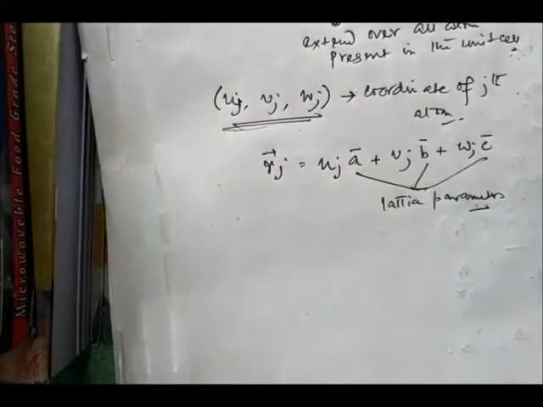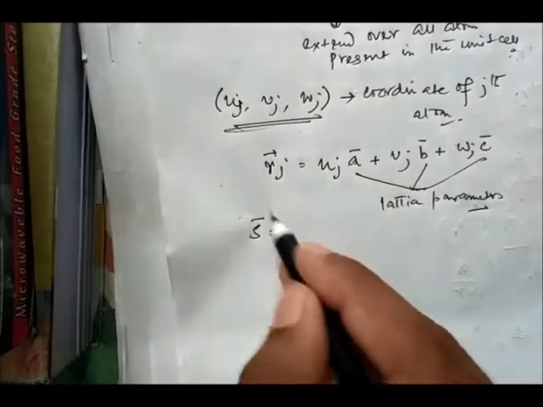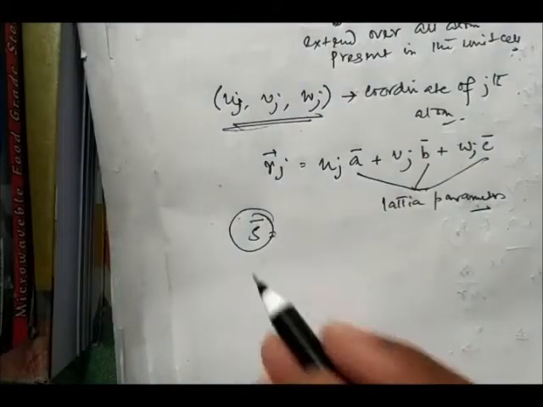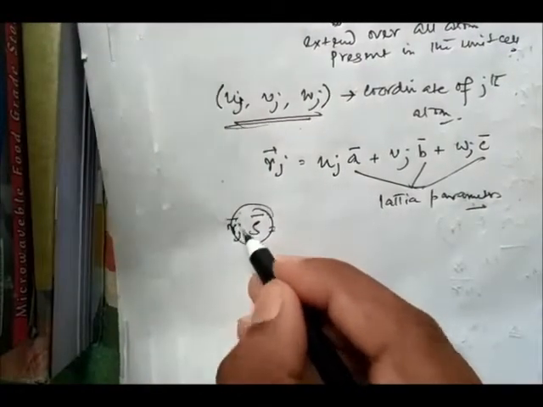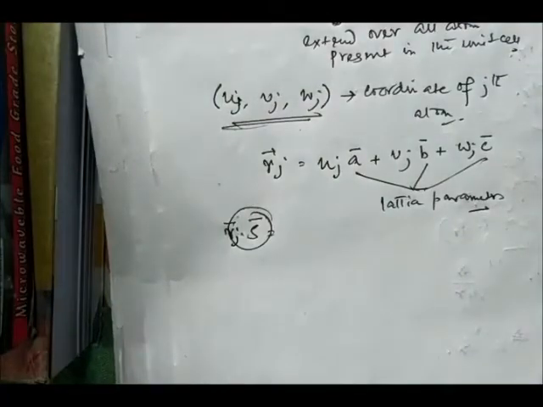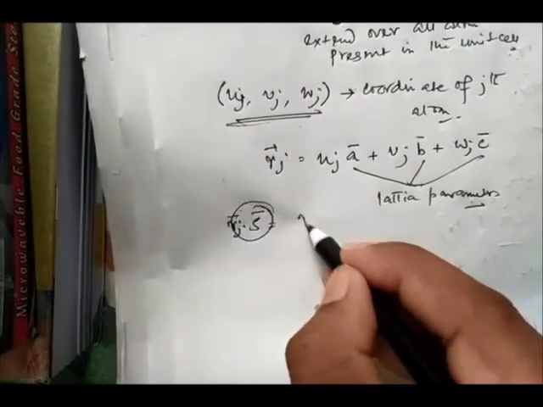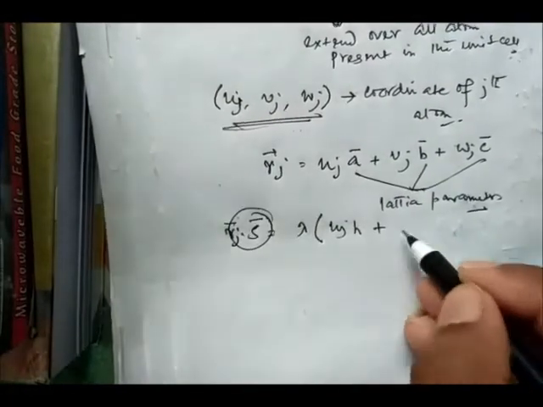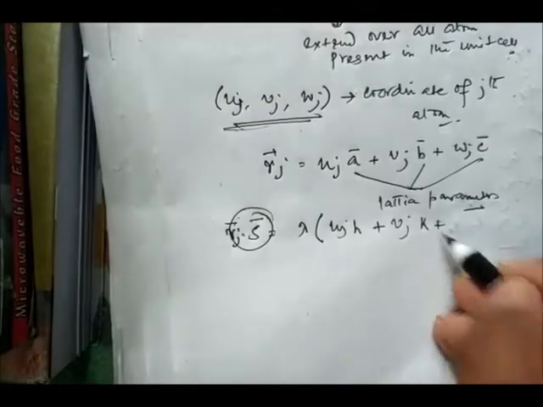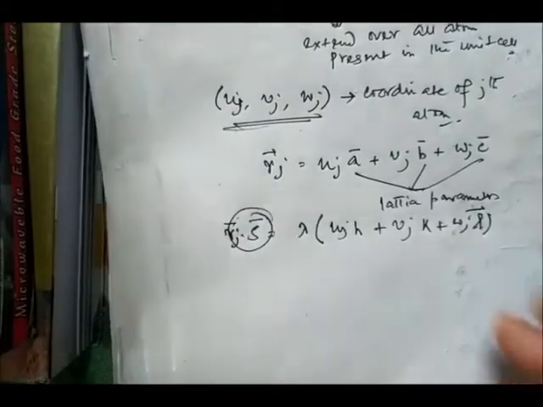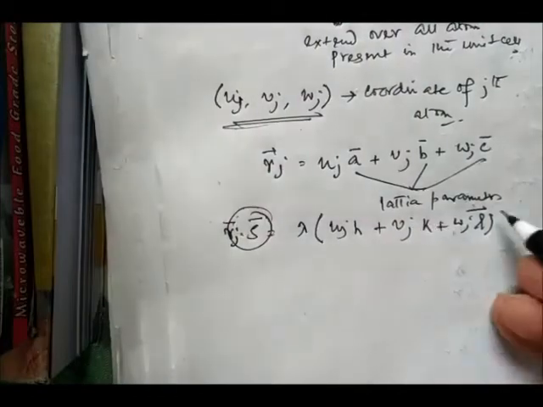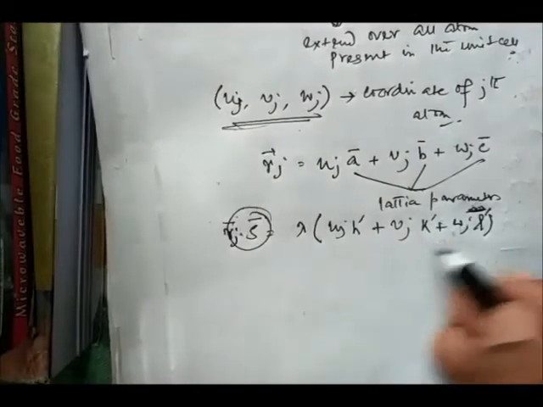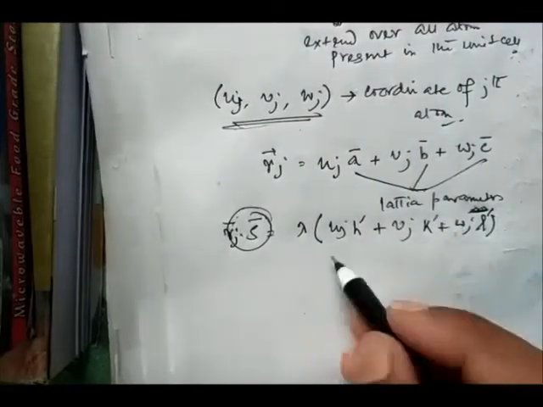Now as you see here, this s represents the normal on the surface. So if you multiply rj dot s, what you will get? You will get lambda times uj h plus vj k plus wj l, if you choose any h', k', l' plane.